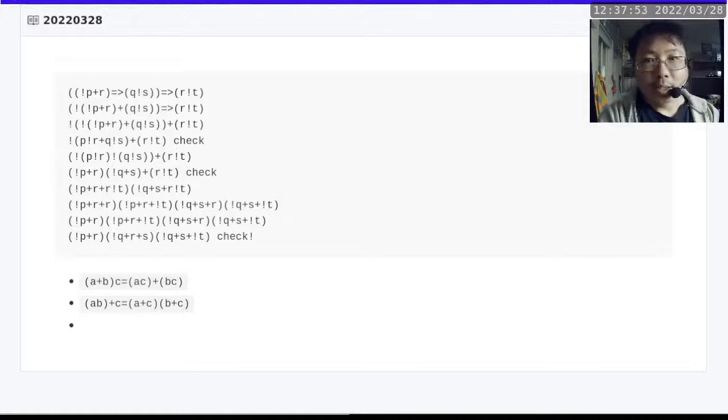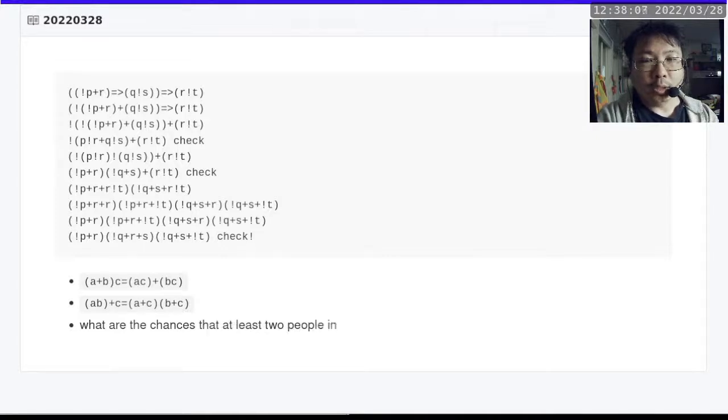All right, so we're going to go with restating the problem. I'm going to type it here. So the original problem is, what are the chances that at least 2 people in a class of 29 share the same birth date?